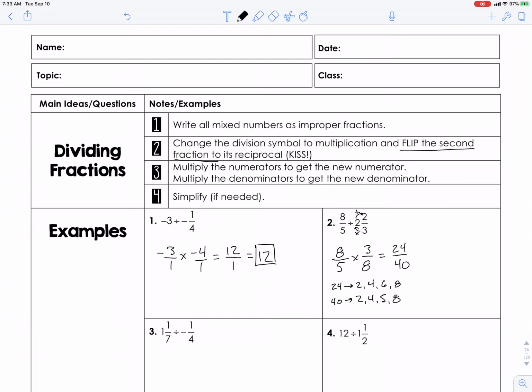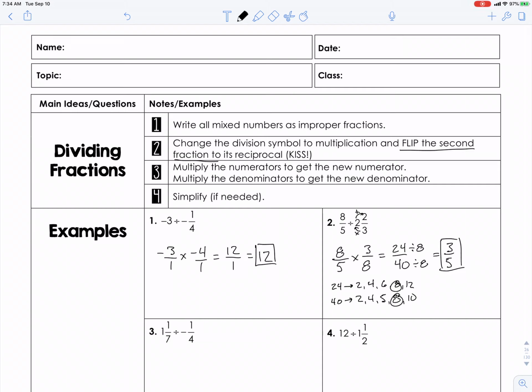Oh, I think I'm looking at 8 because the next biggest one is 10, and up here the next biggest one is 12. I think I want this 8. 24 divided by 8, and 40 divided by 8. That gives me 3/5. Okay, so that would be my final answer once I've reduced it or simplified it.